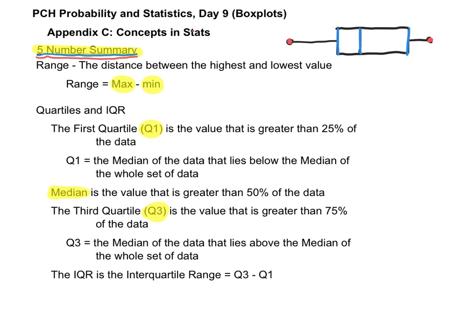The first thing, and the range uses 2 of those 5 numbers, are the easy ones, the max and the min. Max just stands for maximum. Min stands for minimum.